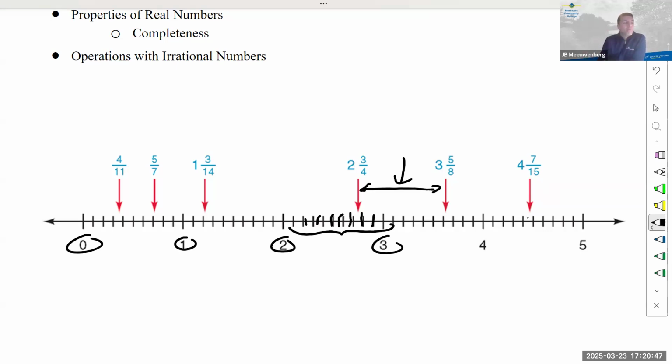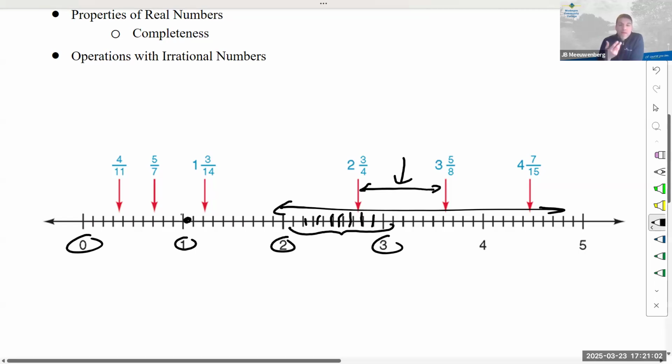It would seem like our number line is full and can't fit anything else on it, but we would be wrong about that. There are points on our number line that correspond to numbers that are not rational. If a number is not rational, it cannot be written as a fraction.